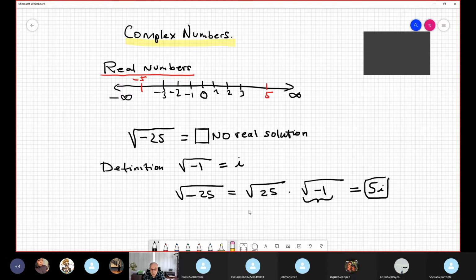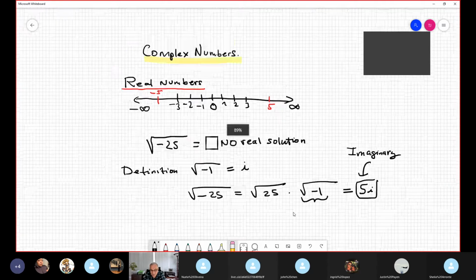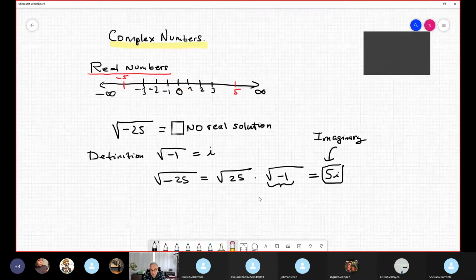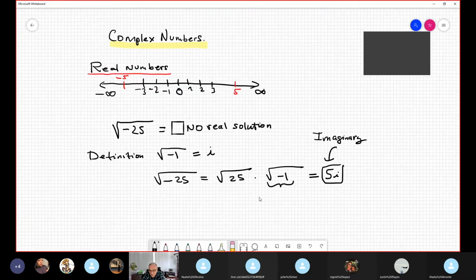And this new number that contains i is called imaginary. This is history, because the word imaginary looks like a ghost, but actually it's no ghost. Imaginary is a physical number, it's a logical number, however it belongs to another dimension.